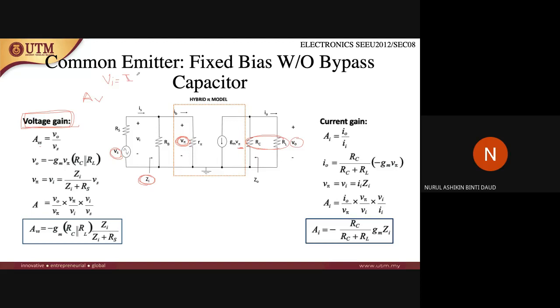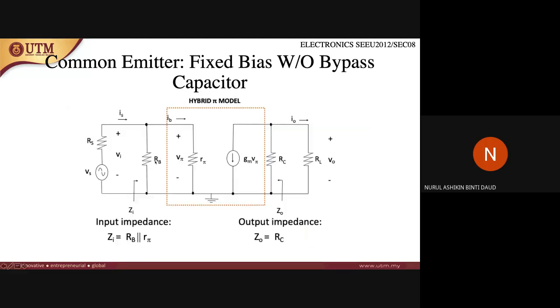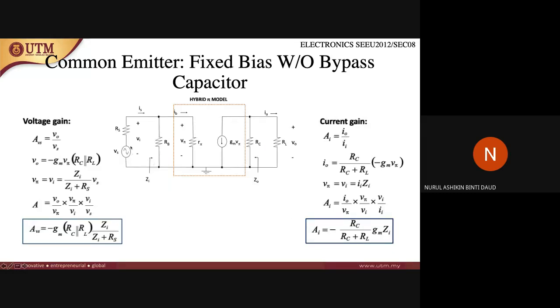VI is actually IR, right? R is the total input resistance that we have calculated just now, which is RB and R pi, the value of R pi and RB connected in parallel. So this is the input impedance. After we calculate this, you will get the value of the input impedance.